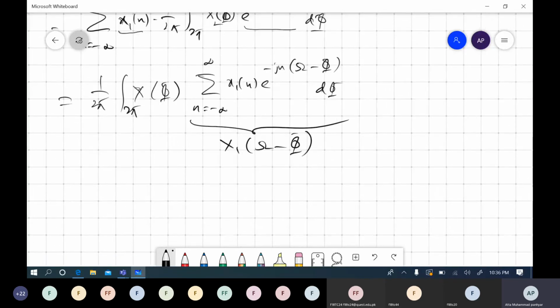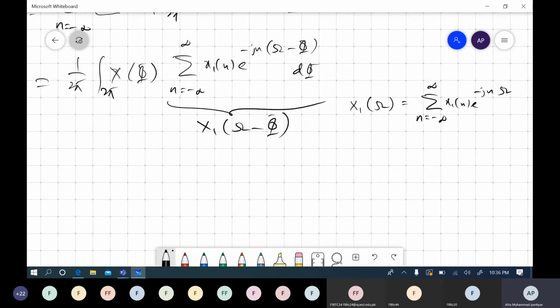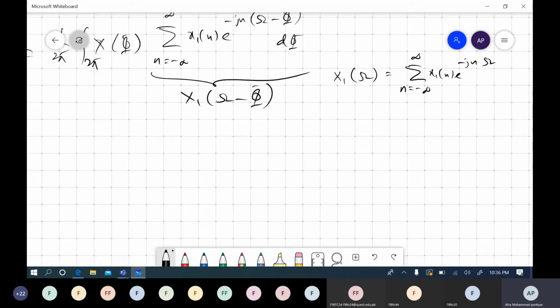If we say X1 of phi is equal to summation n from minus infinity to infinity x1 of n e to the power minus j n omega, right? For example, now what if we replace omega with omega minus phi?